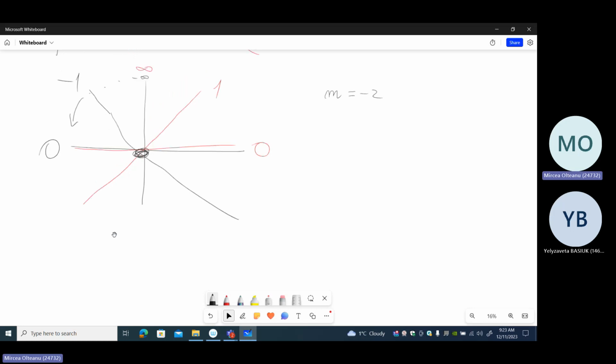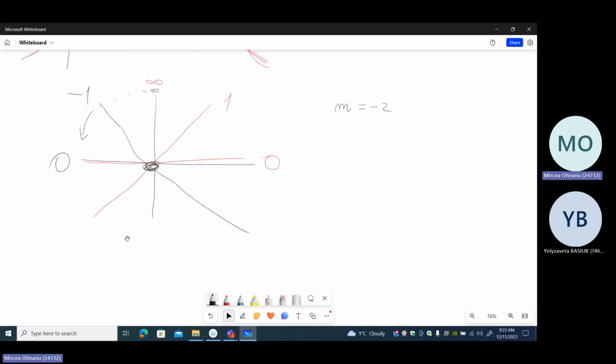Do you have an approximate image of how this straight line looks like? Yes, because it has a negative slope, so it must be going down like this. And it's minus 2, so it is somewhere between minus 1 and minus infinity. It's something like that. So a straight line whose slope is minus 2 is somewhere over here, approximately, of course.